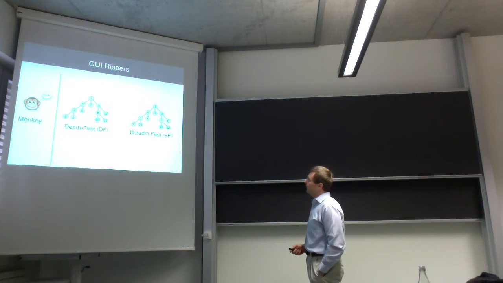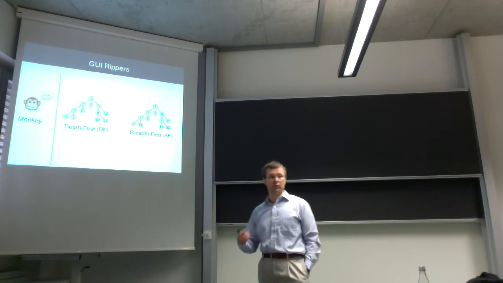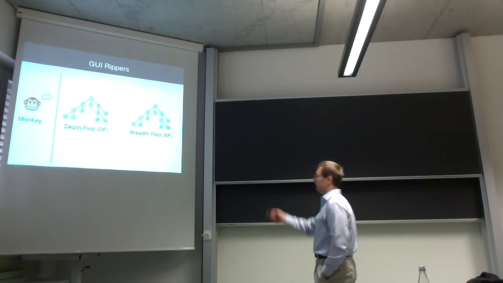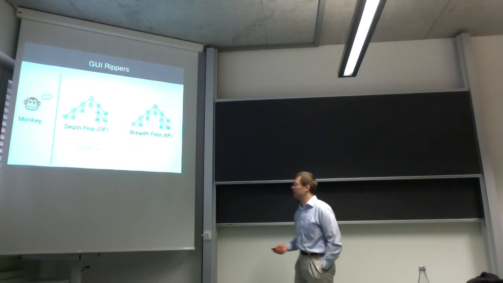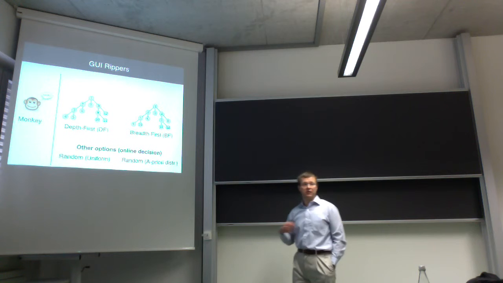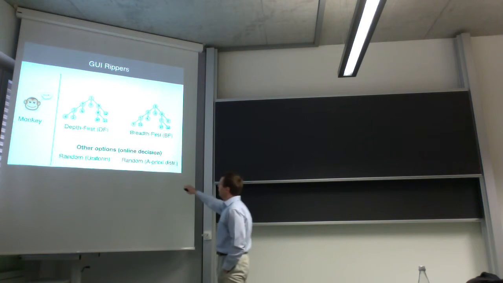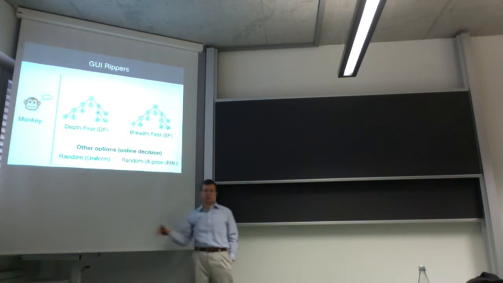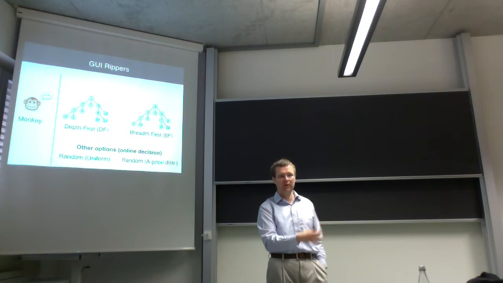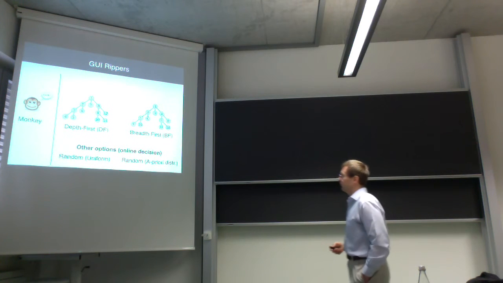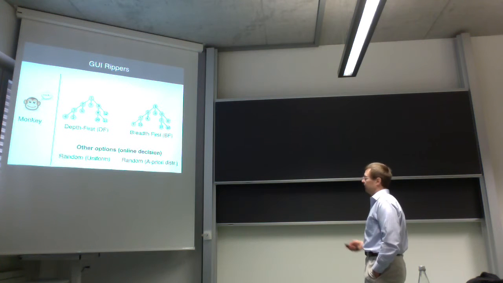The way they usually work, they work in some sort of systematic fashion, either depth-first search exploration of the model, or breadth-first search exploration of the model. They can also be random, and they can also use some prior knowledge or have some sort of preference. We know that these events happen, so we can suggest the next ones based on this preference.